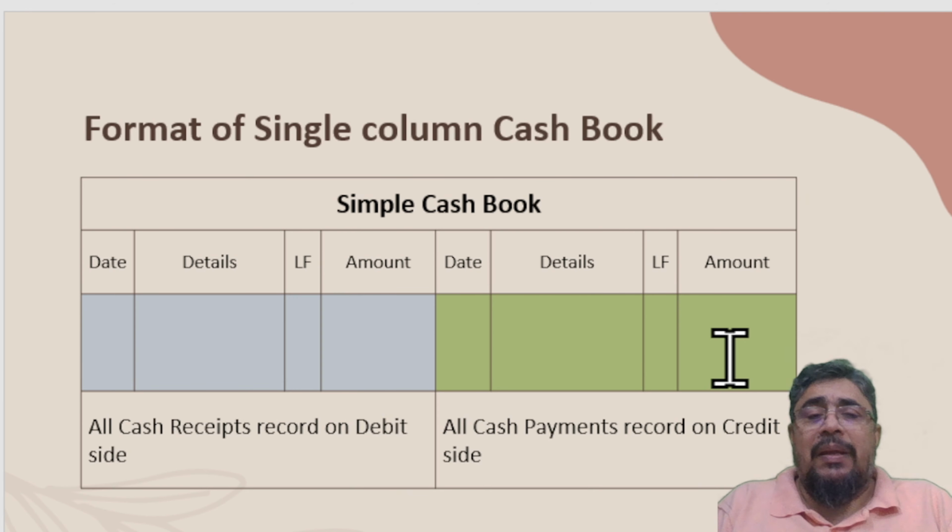Each side has columns: number 1, date, details, LF (ledger folio), and amount. The same columns, date, details, ledger folio, and amount, apply for the credit side. All the cash receipts are recorded on the debit side and all the cash payments on the credit side.